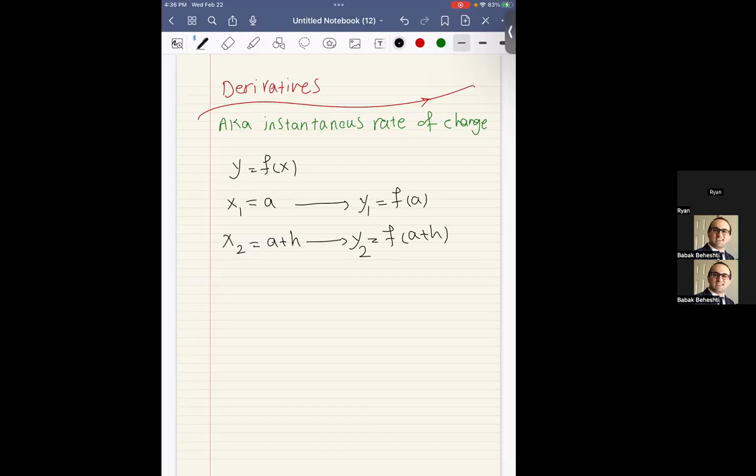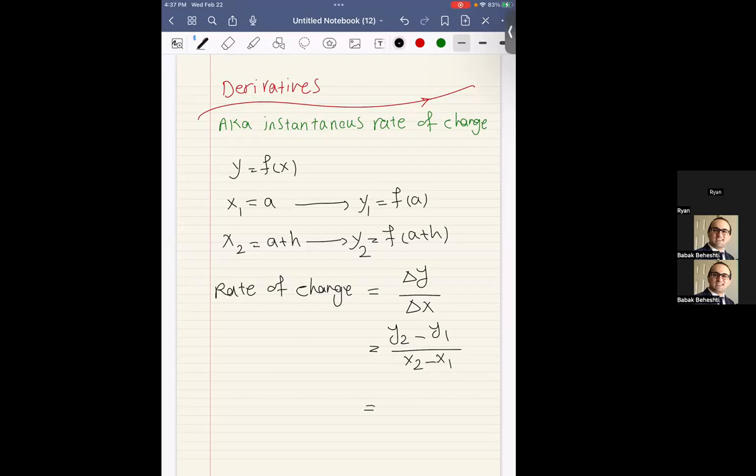So the rate of change for this function in this interval from a to a plus h is basically equal to the change in y, I call it delta y, over delta x, the change in the x variable. So it's y2 minus y1 over x2 minus x1.